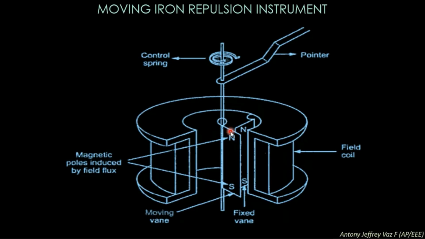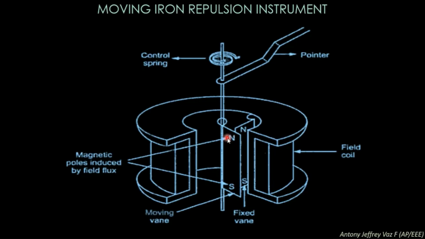Here you supply the voltage or current being measured, and the coil becomes an electromagnet. This magnetic flux helps to repel the fixed vane's north pole and south pole.